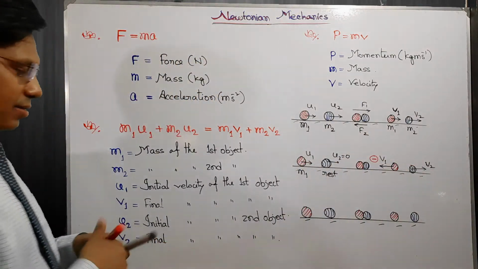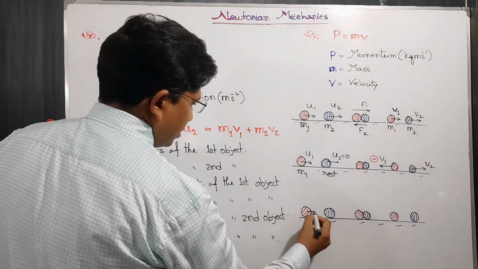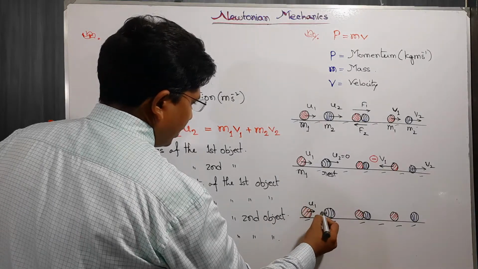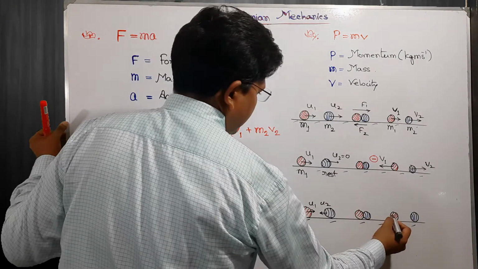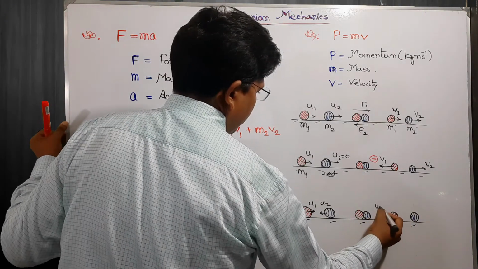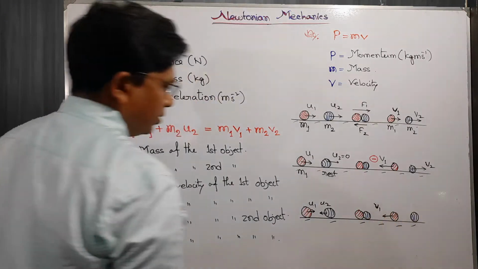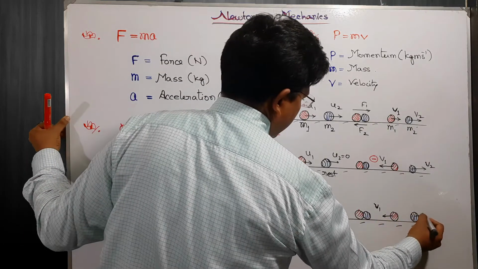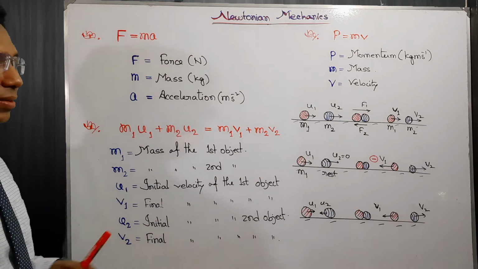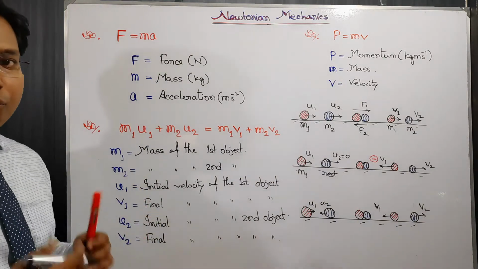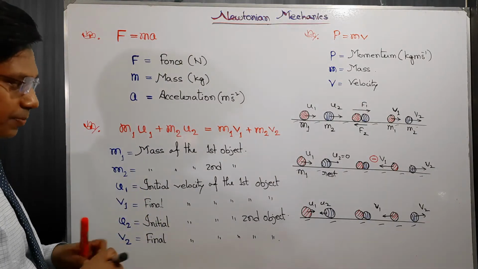In the third case, we consider these two, u1 and u2, are in opposite directions. After collision, the first object moves backward with velocity v1, and the second object moves toward the front with v2. In this third case, which one do you consider positive and negative?